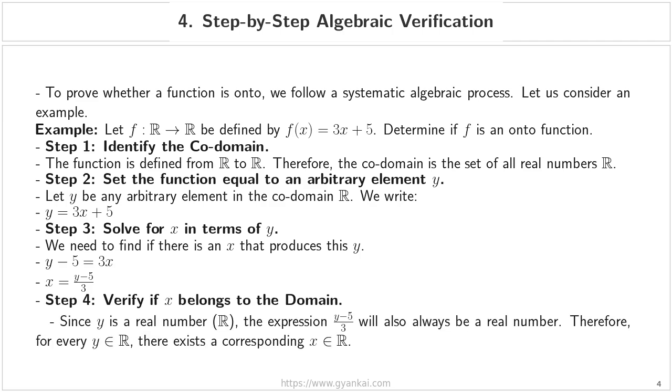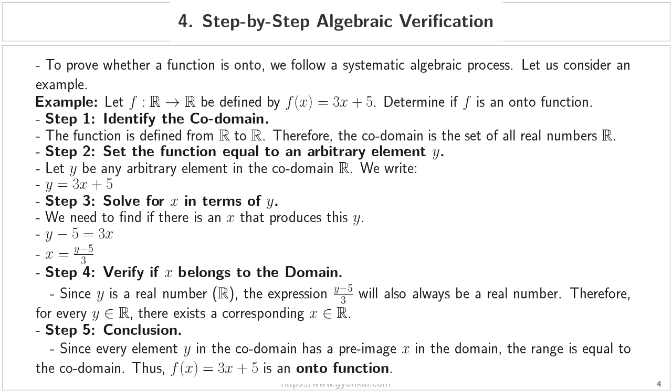Now, in step 4, we must verify if this x actually belongs to the domain. Since we defined y as a real number, the result of the expression (y minus 5) divided by 3 will also always be a real number. This confirms that for every single y in the codomain, there exists a corresponding x in the domain. Finally, we reach step 5, the conclusion.